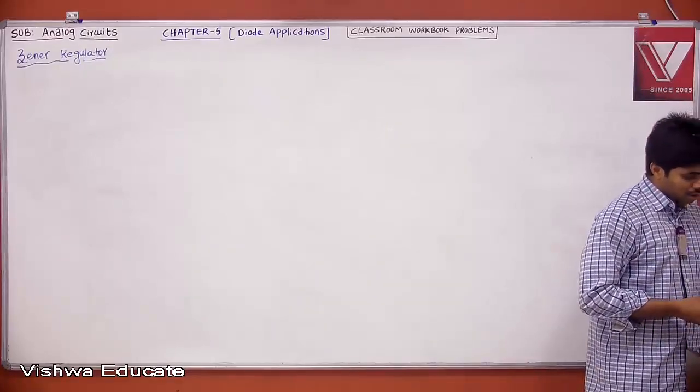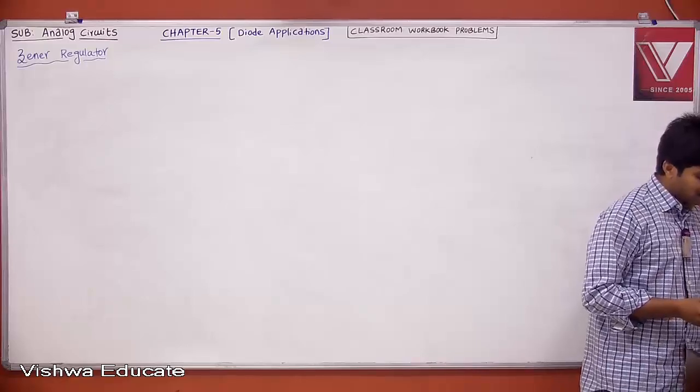For the Zener regulator circuit shown below, find V0.